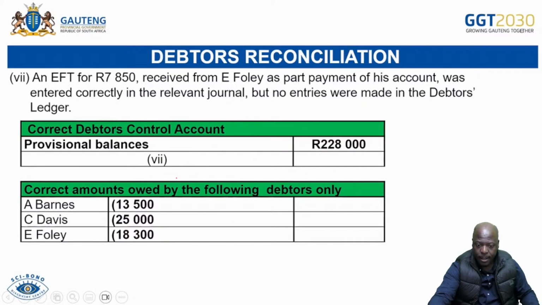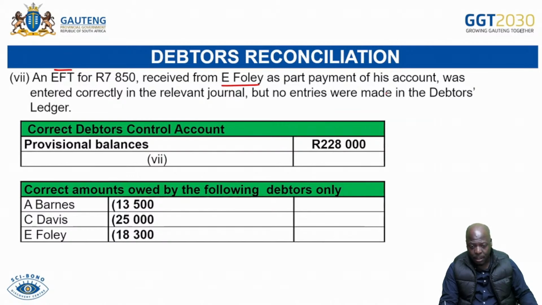And then the last one. An EFT for 7850, EFT means minus, received from Folly as part payment of his account was entered correctly in the relevant journal, but no entries were made in the debtors' ledger. So it simply means it's an EFT, a minus amount, 7850, which we received from Folly, was entered in the relevant journal.